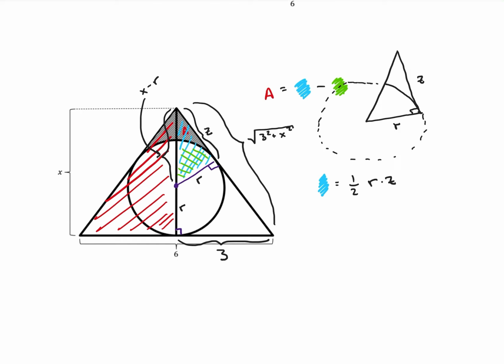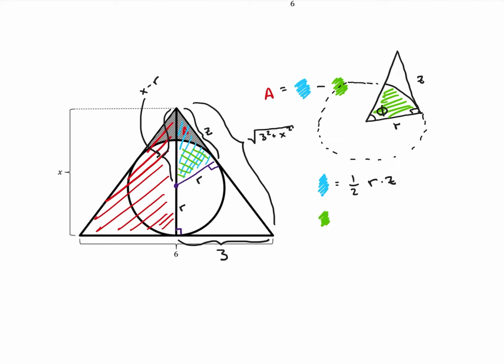For my portion of the circle, this green portion right here, the way I'd like you to think about that is as a portion of the whole circle. Let's say we have an angle phi there. Whatever that angle is, the area of that sector is going to be the area of the whole circle times that angle divided by 2 pi, or 360 degrees.